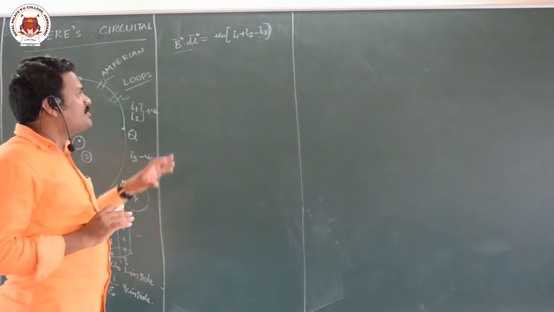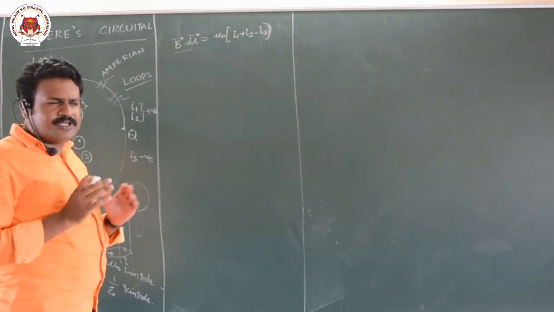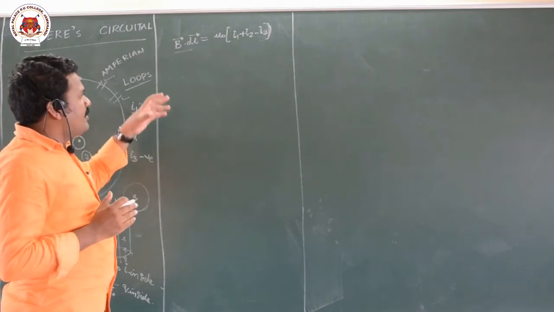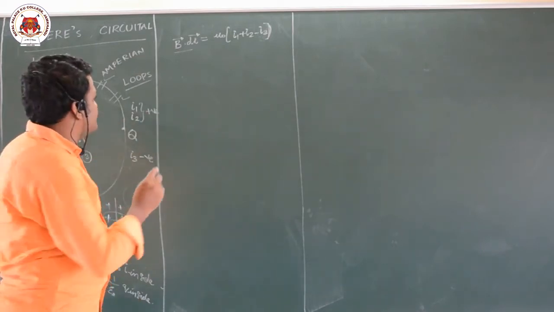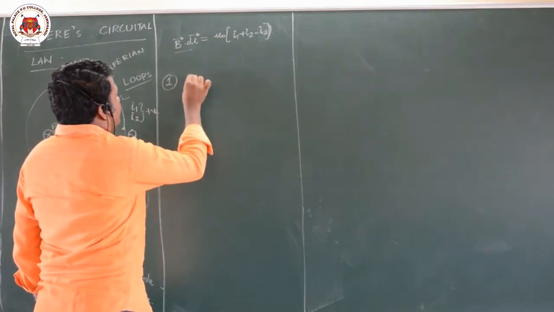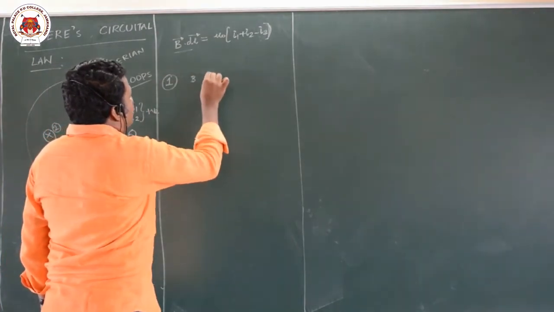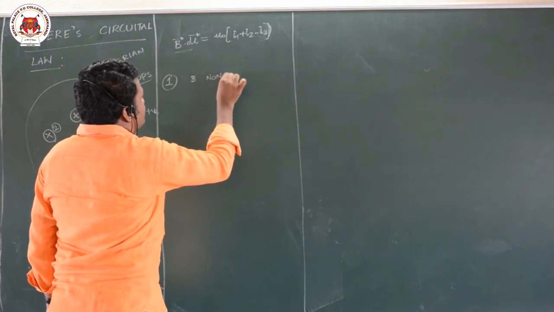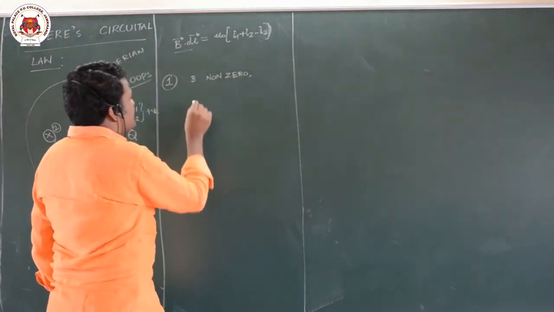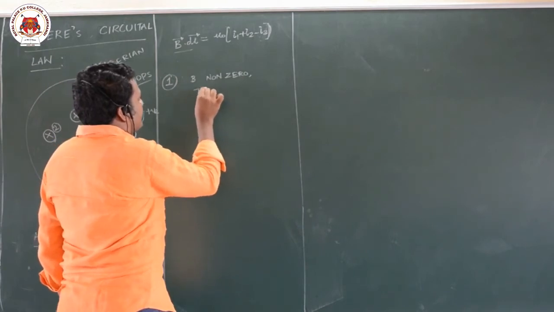In your NCERT textbook they have given 3 conditions where we can apply Ampere's law. The first condition is that B must be non-zero and it should be tangential to dl.